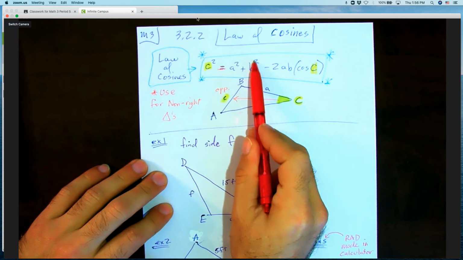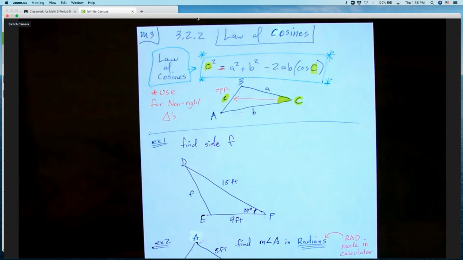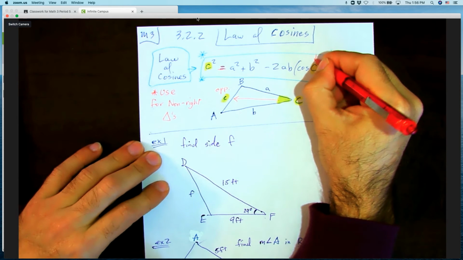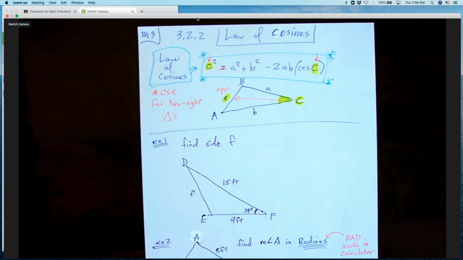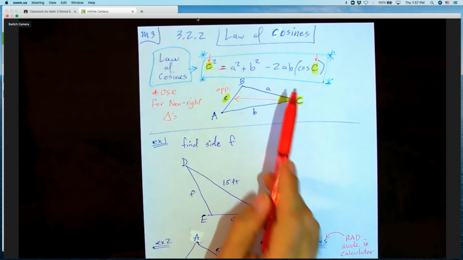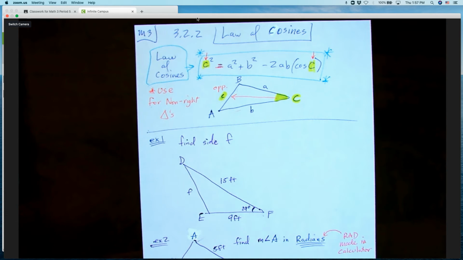A squared plus B squared minus 2AB times that cosine of C. Okay, so it is a little complex, but the main thing to remember is the pattern. I'm not going to make you memorize the law of cosines formula, but how we use it and set it up, we always set up the angle and opposite side on the outsides, and then what's left over, we just have to adjust from the other sides.